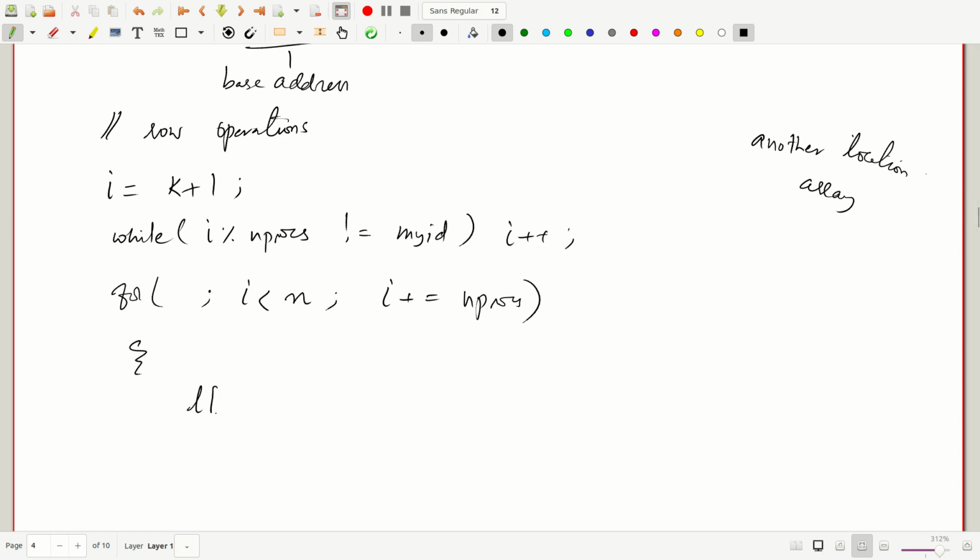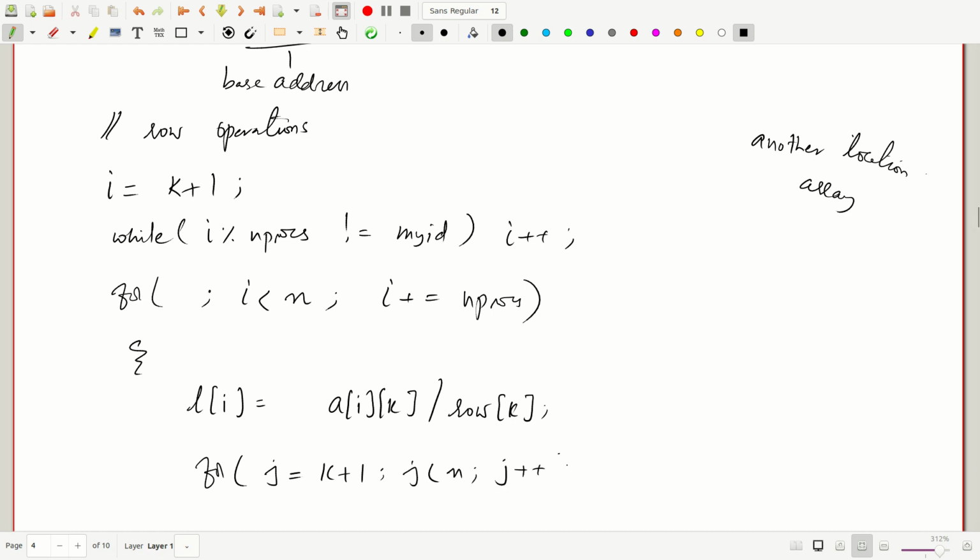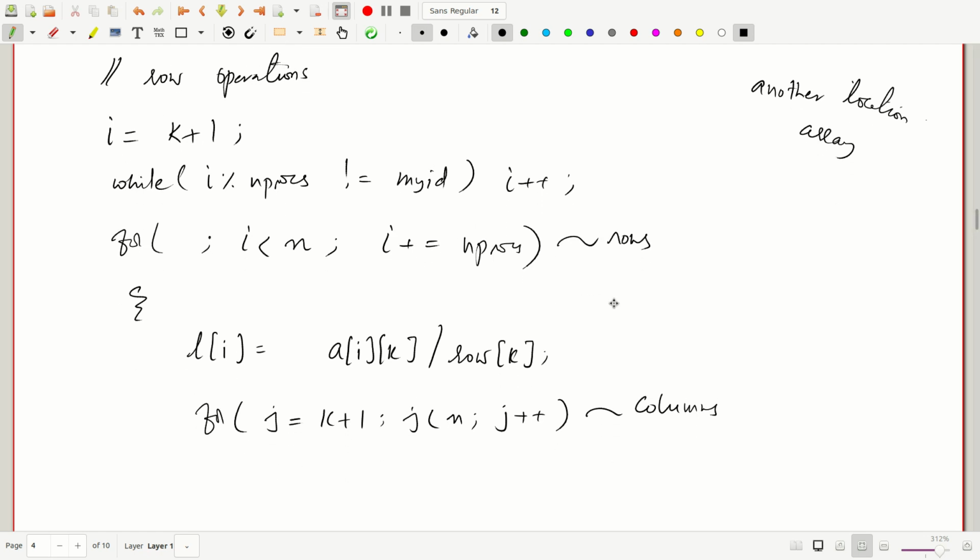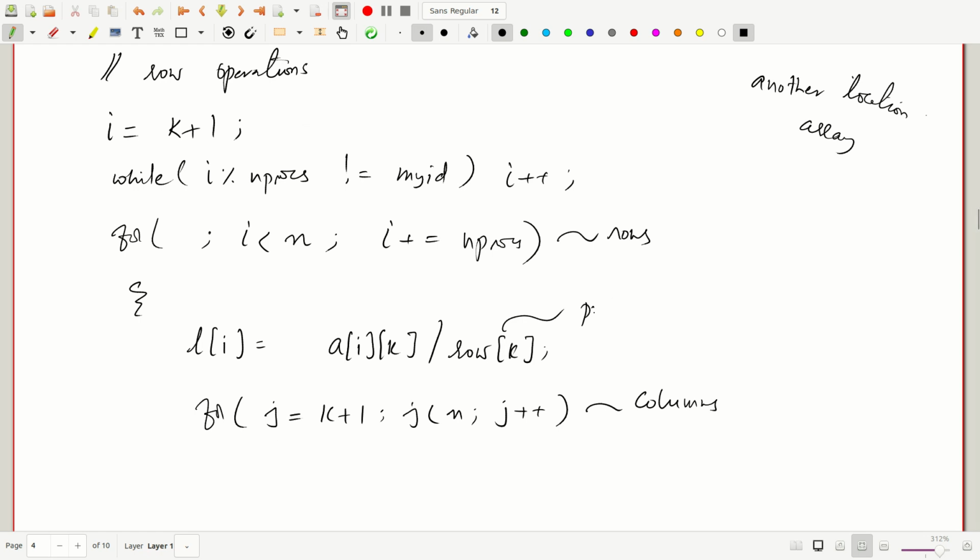So row operations are L of I equals A of ik divided by the row that we have received, row of k. And then j equals k plus 1, j less than n, j plus plus. This is basically your columns and these are your rows, and this is your pivot element.